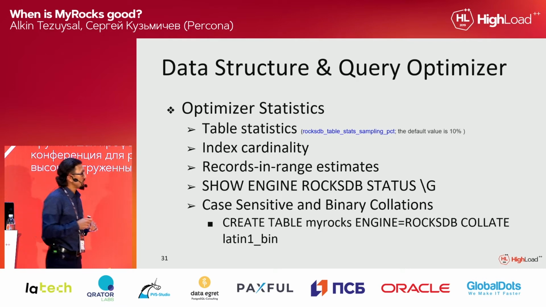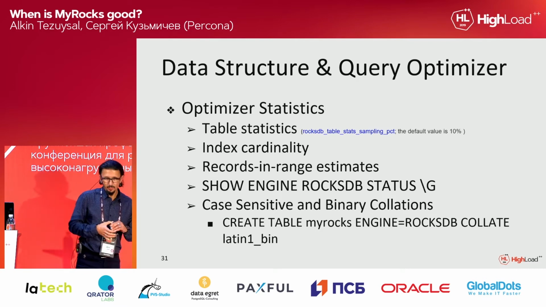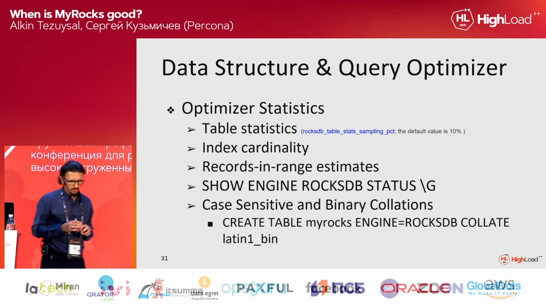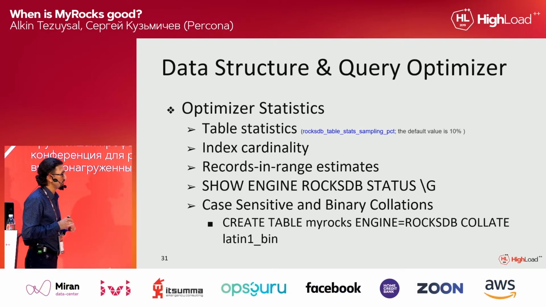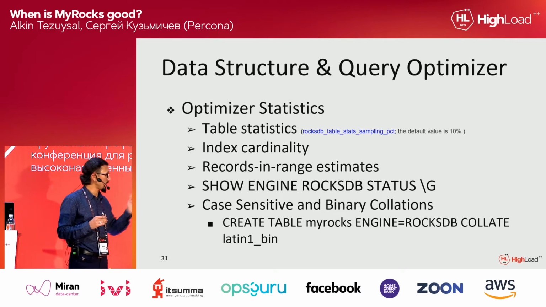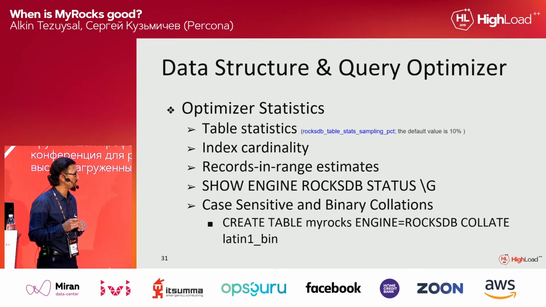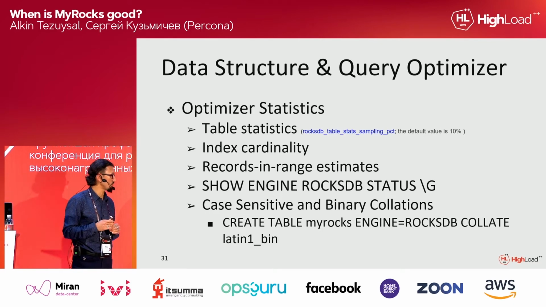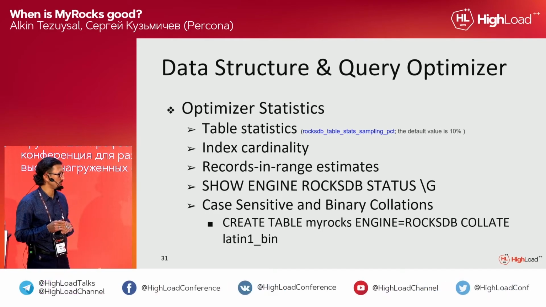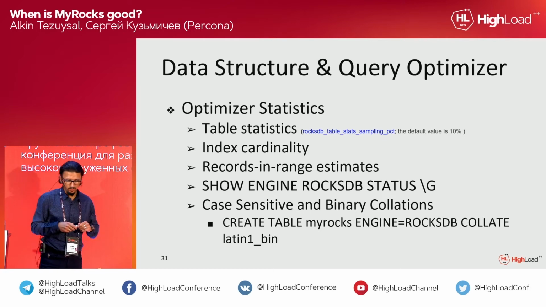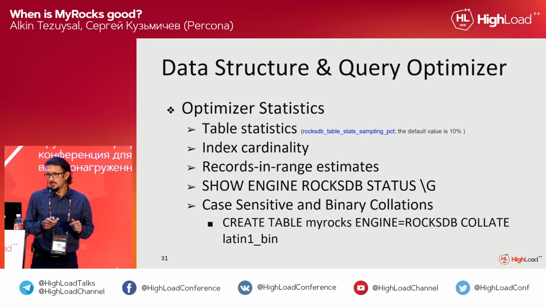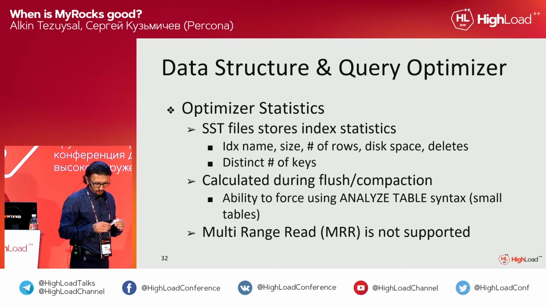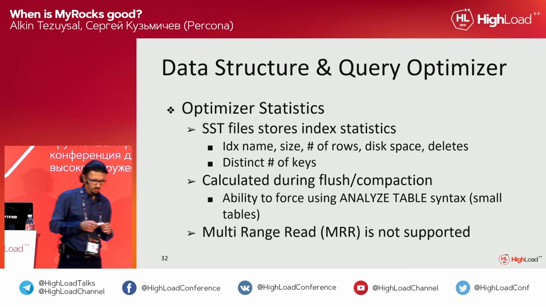So for the optimizer statistics, it does keep optimizer statistics as an engine, and it has table statistics and index estimates, and you can query that with SHOW ENGINE ROCKSDB STATUS. It also supports binary collations such as Latin, and it's case sensitive, so this is important. Again, this is something similar.